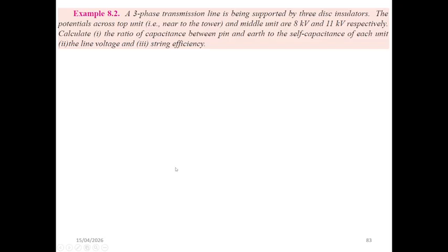So this is another example. Consider a three-phase transmission line supported by a string of three disc insulators. The voltages across the top unit nearest the tower and the middle unit are given as 8 kilovolt and 11 kilovolt respectively, indicating a non-uniform voltage distribution exists along the string. Based on these values, the problem involves determining the ratio of capacitance between the pin and earth relative to the self-capacitance of each unit.